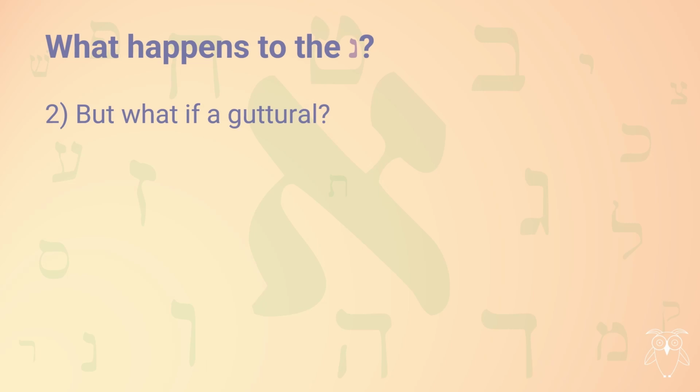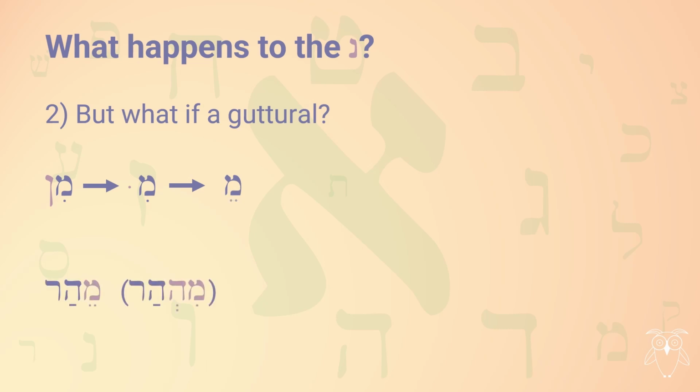Alright, if you've learned your Hebrew well up until this point, you know what's coming. The gutturals. Gutturals cannot take a dagesh of any kind. So what happens to the doubling here? Is the nun completely disappearing here? Well, in most cases the dagesh goes on a little journey and it ends up right next to the hirek. And now we have a tzerei.